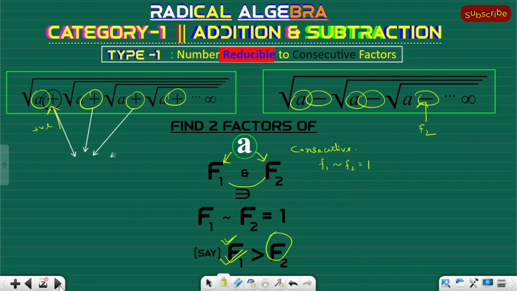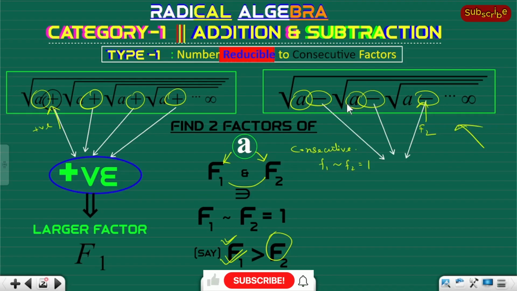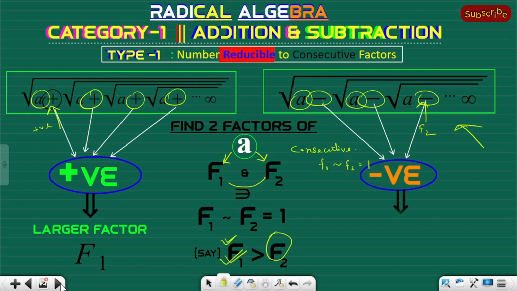See, here the sign is positive, so the larger factor f1 is the answer here. In this case it is negative, a minus root a, here all minus, right? So the smaller factor, which one is smaller here? f2, so f2 will be the answer of this root.